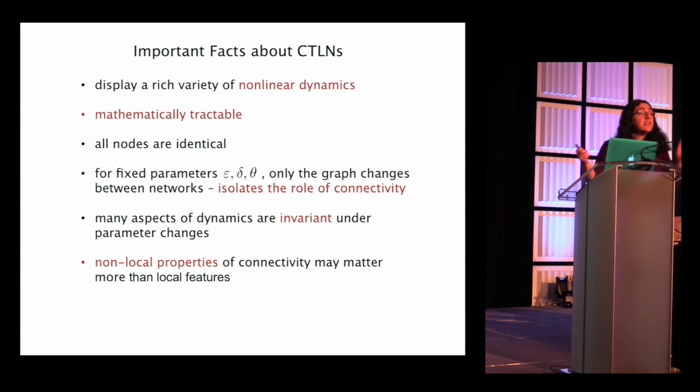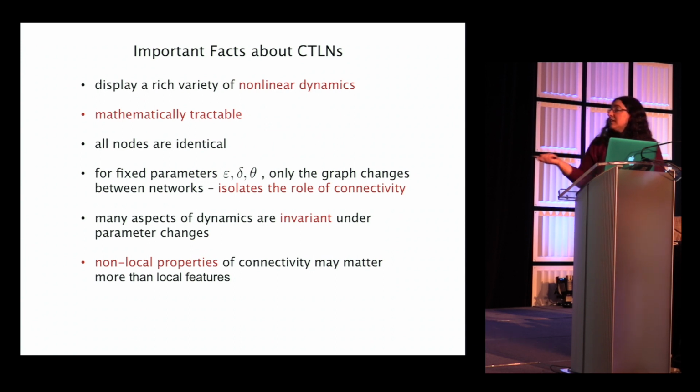Because all the nodes are identical, and there are very few parameters, for fixed parameters the only thing that's changing in the network is that underlying graph. So you're really isolating the role of connectivity. What can connectivity alone, in the absence of any other heterogeneity or variation, do for your dynamics? What kind of rich variety of dynamics can connectivity alone give you?